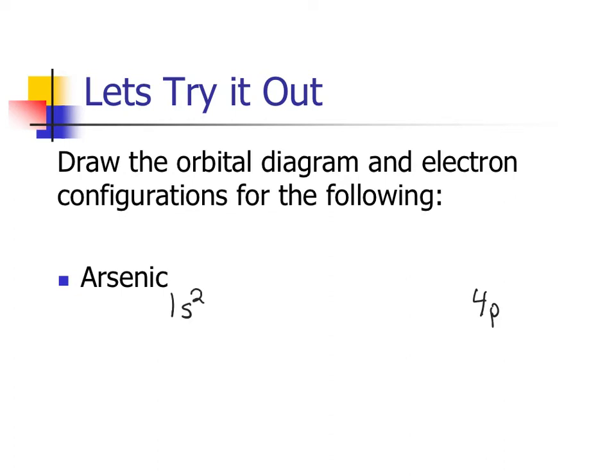After 1s comes what? 2s. After 2s comes 2p, after that 3s.